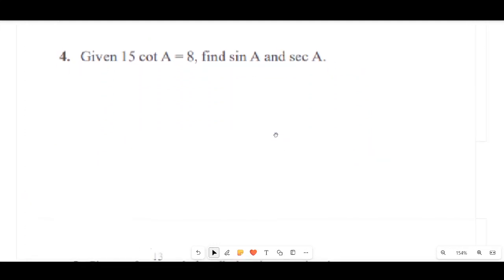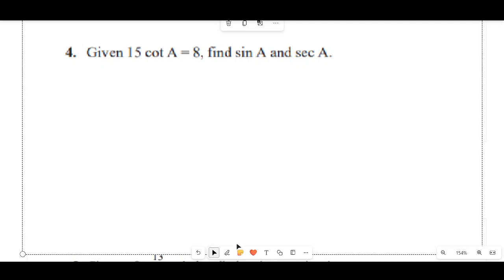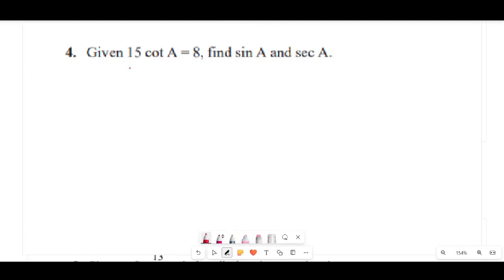Now move on, next question. Question number 4. Given 15 cot A equal to 8, find sin A and sec A. First we should simplify this. Here we can write cot A equal to 8 by 15.